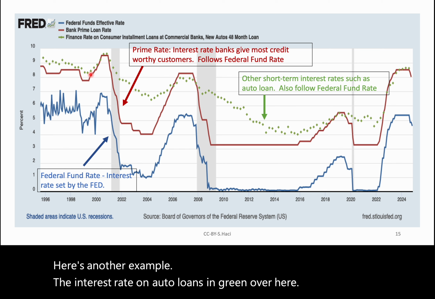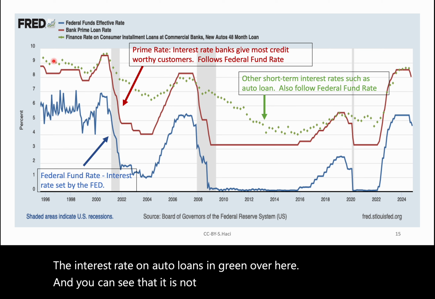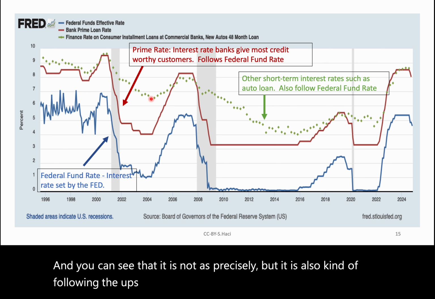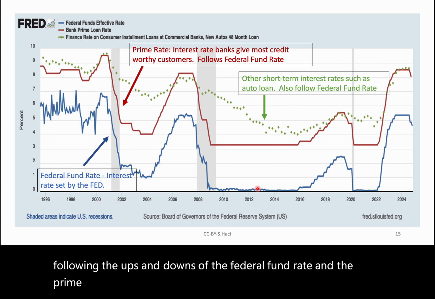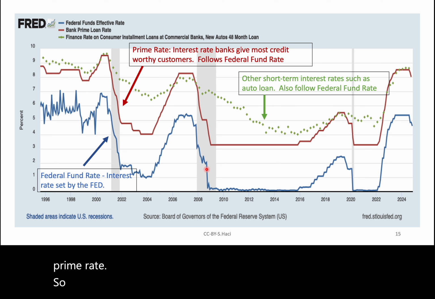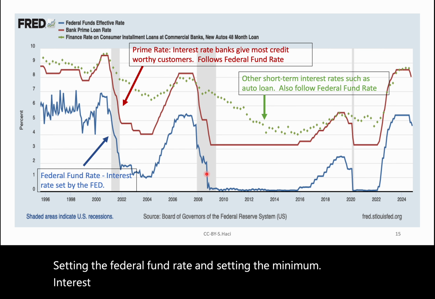And you can see that it is not as precise, but it is also kind of following the ups and downs of the federal fund rate and the prime rate. So by setting the federal fund rate and setting the minimum interest rate in the economy, the Fed is able to influence all the other interest rates in the economy.